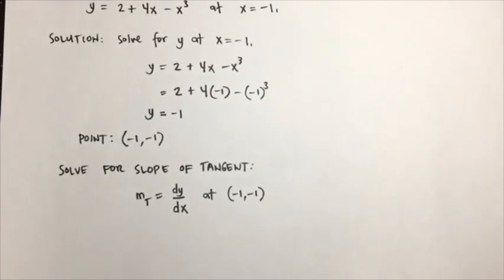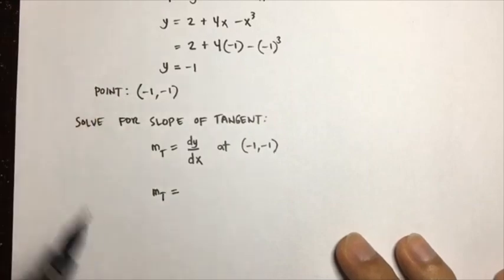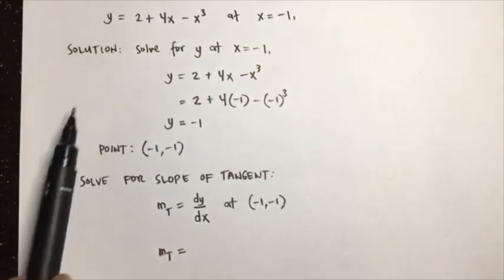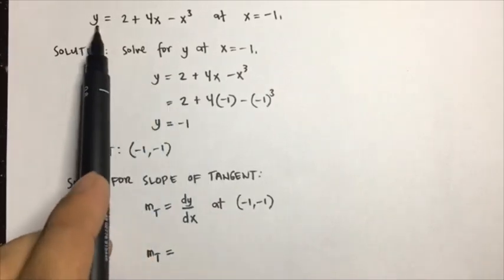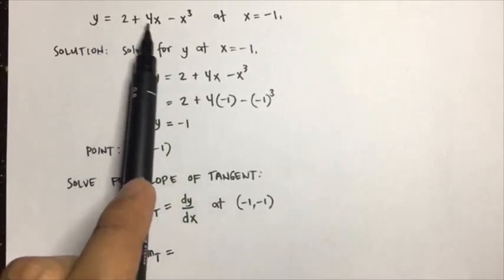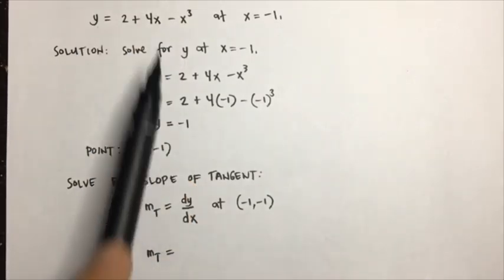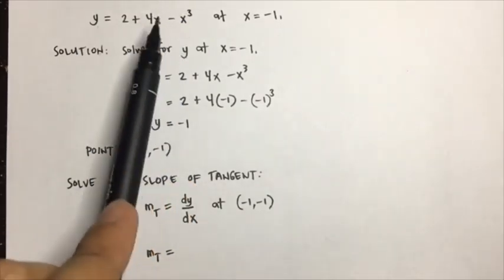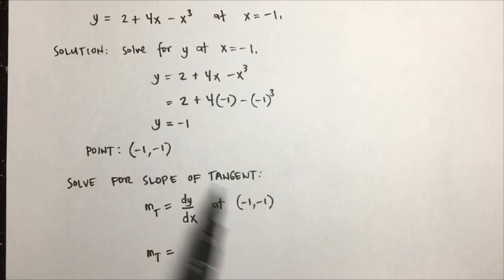Okay, so solving for the slope of the tangent, we will differentiate the function. Now y is equal to 2 plus 4x minus x cubed. So take its derivative, and then substitute the values of x and y, x is equal to negative 1 and y is equal to negative 1.